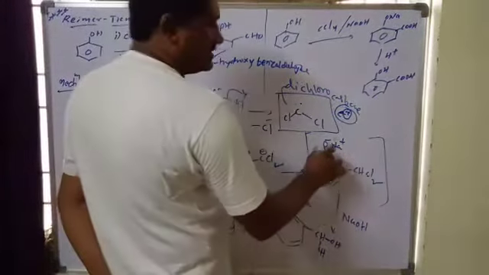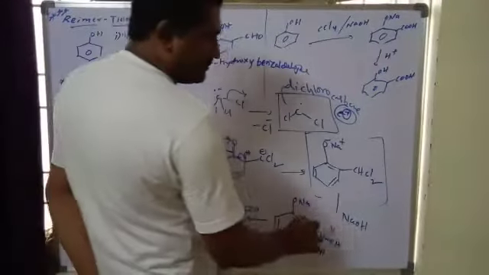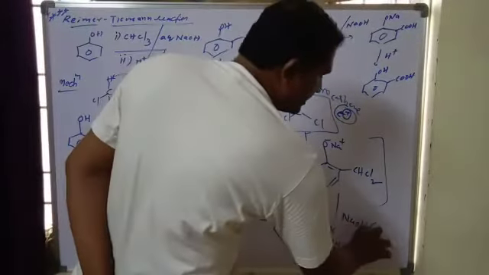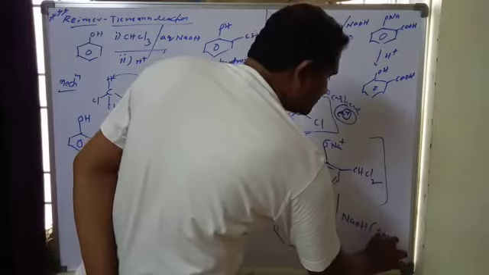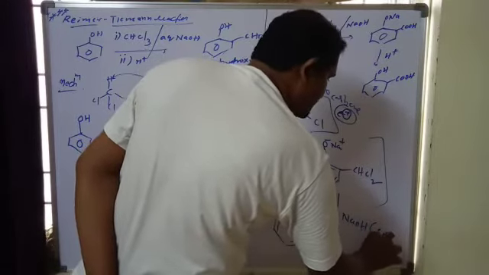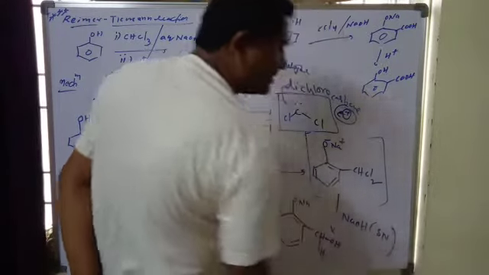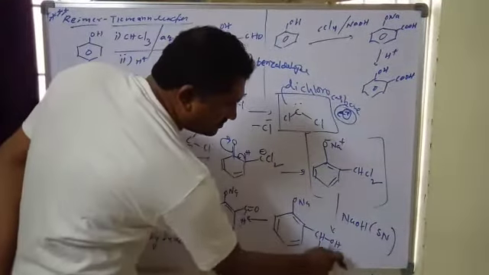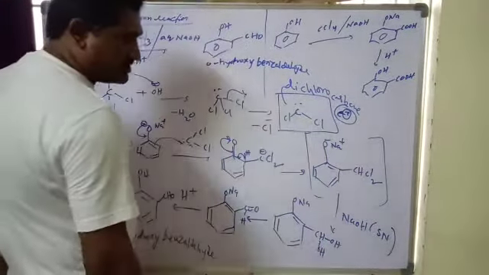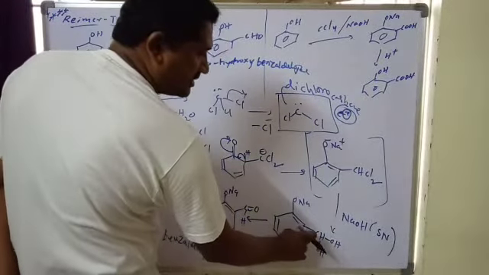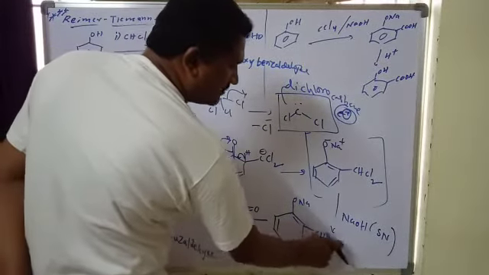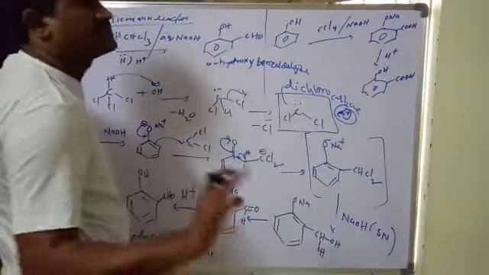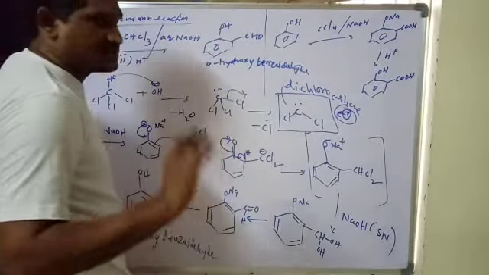Now if you use NaOH here, nucleophilic substitution reactions take place. Two chlorines are substituted by two OH groups. In organic chemistry, if two or more OH groups are present on a single carbon, it is unstable.